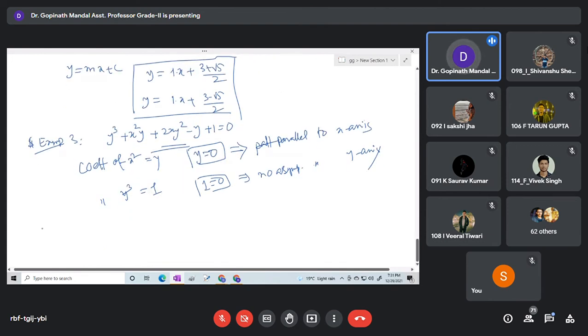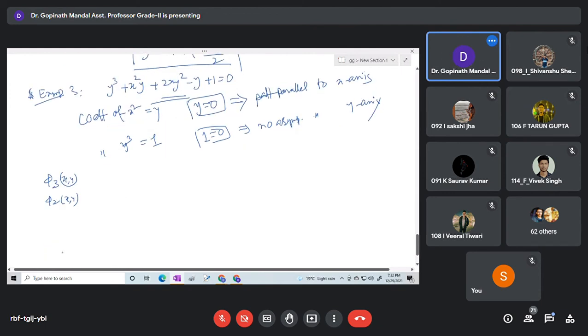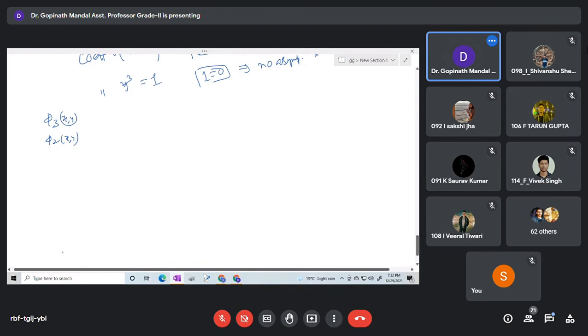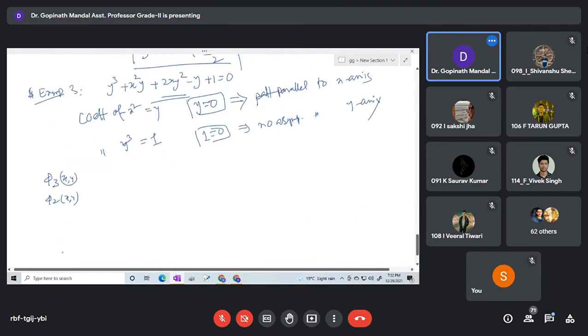Now find the oblique asymptotes. Here phi 3 xy, phi 2 xy, phi 1 xy and k.